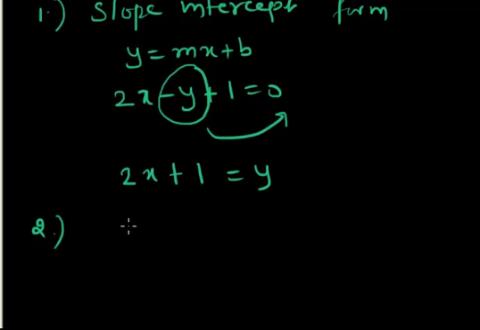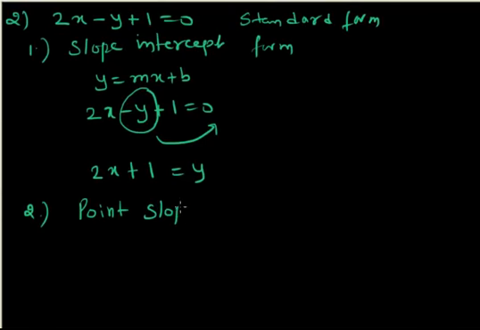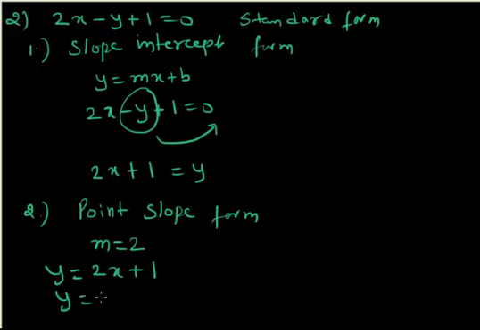The next form corresponding to this is the point-slope form. For the point-slope form, I need one point and m. If I look at the slope-intercept form of the given equation and compare it with y equals mx plus b, m is 2, like we have 2x plus 1 equals y. So the value of m is 2 and the value of b is 1, which is actually the point (0, 1).